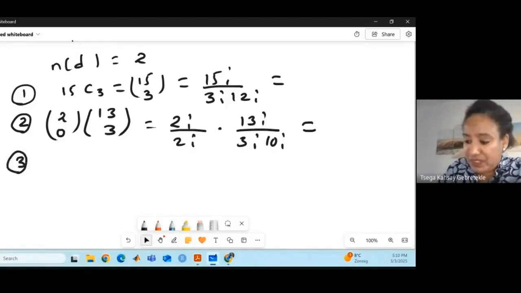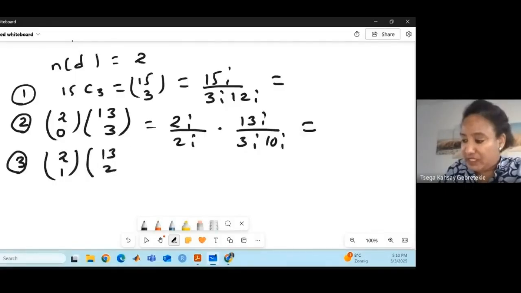Number 3 says one of the defective clocks is included. It means from the 2, 1 is included, whereas from the 13, 2, because the total clocks for inspection has to be 3.